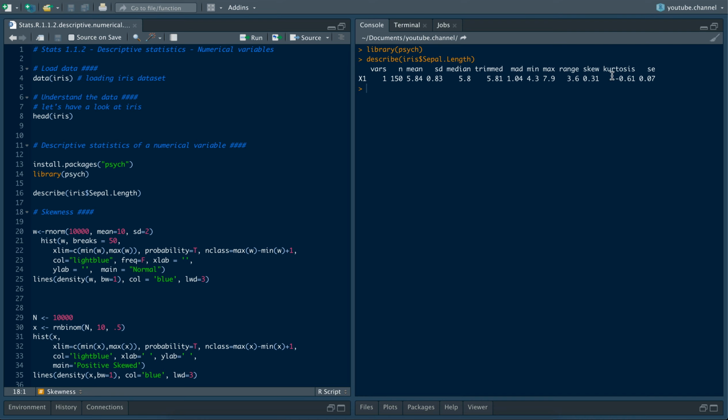Now, when we analyze those numerical variables, the first important factor to consider is that skewness and kurtosis are important parameters to understand how the overall distribution is actually shaped.